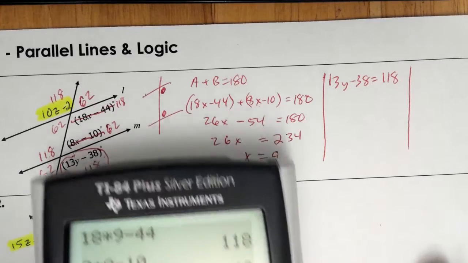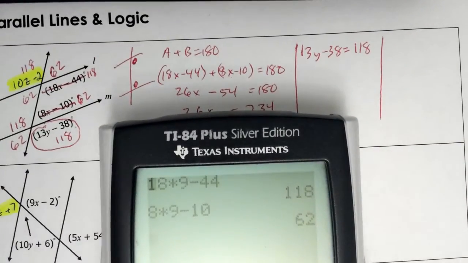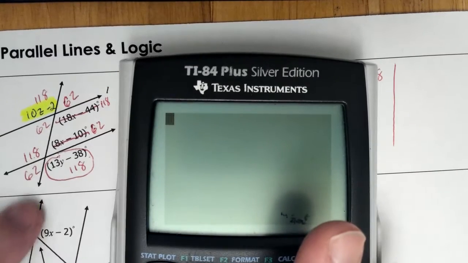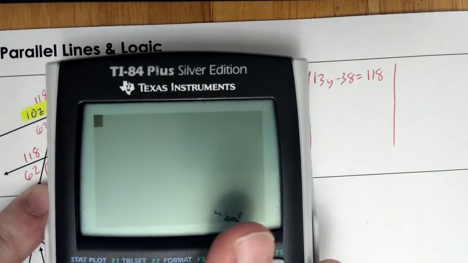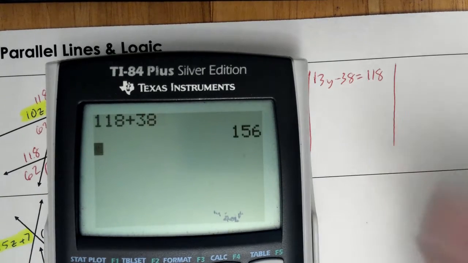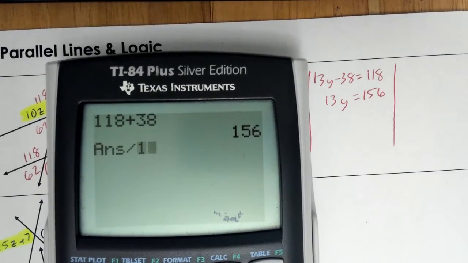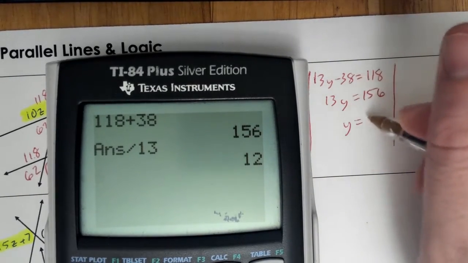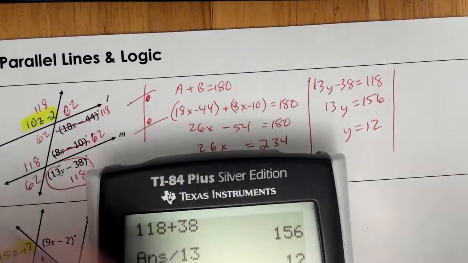In my calculator, all we did was set these two things equal to each other. So 118, I'm going to add 38 to both sides. I get 156. Now I'm going to divide by 13, and I get y equals 12. I'm going to plug it back into the picture to make sure it makes sense.